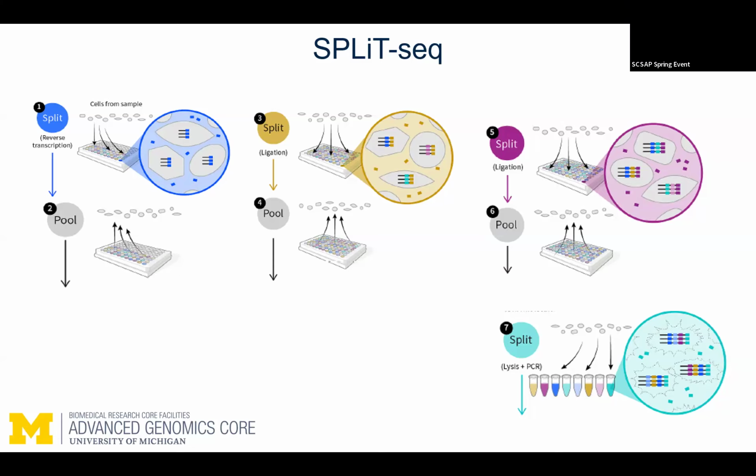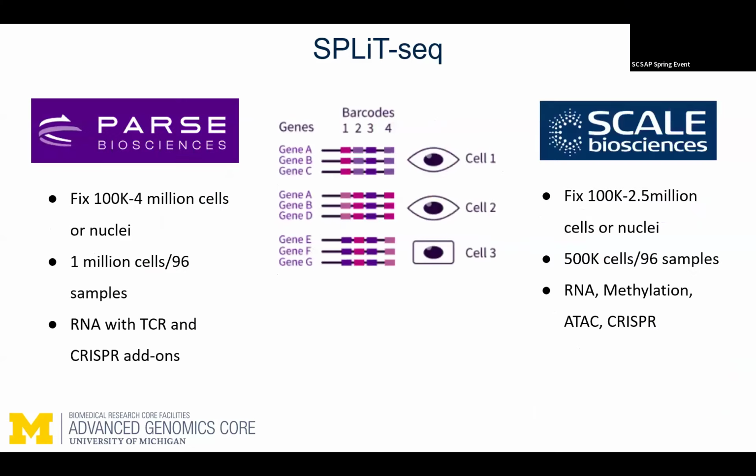So that after multiple rounds of pooling, what you're looking at is this in the middle, where you can say, well, genes A, B, and C clearly go to cell 1 because they have the same barcodes on each transcript.